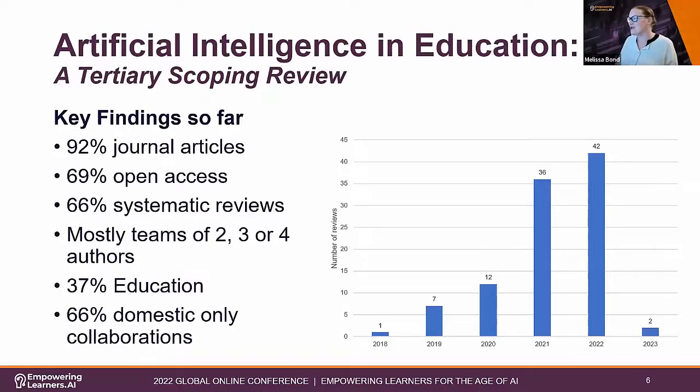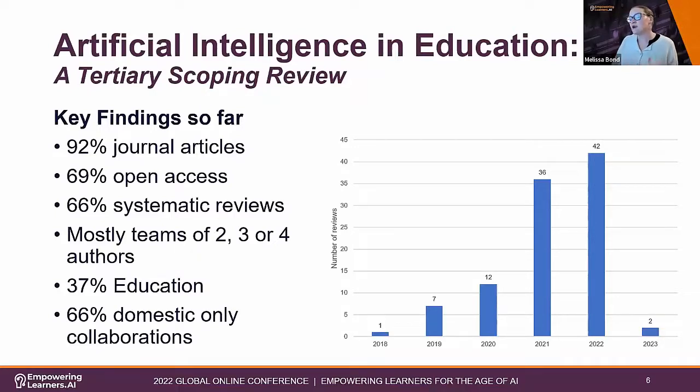And if you have a look at this graph here, which shows there has been an exponential number of reviews that have been published, especially in the last couple of years, I think this is a positive sign in the field that more people who are in education or have a background in education are doing some of this synthesis work.